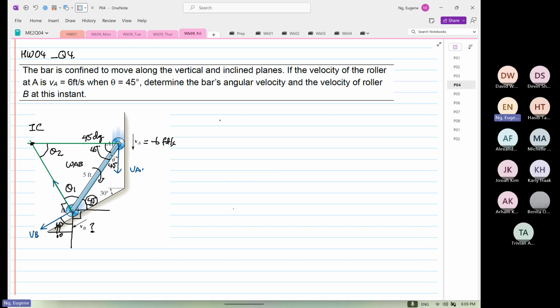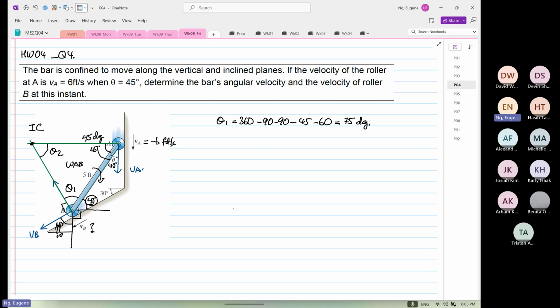So theta 1 is equal to 360 minus 90 minus 90 minus 45 minus 60. You agree with that? So it's 75 degrees.